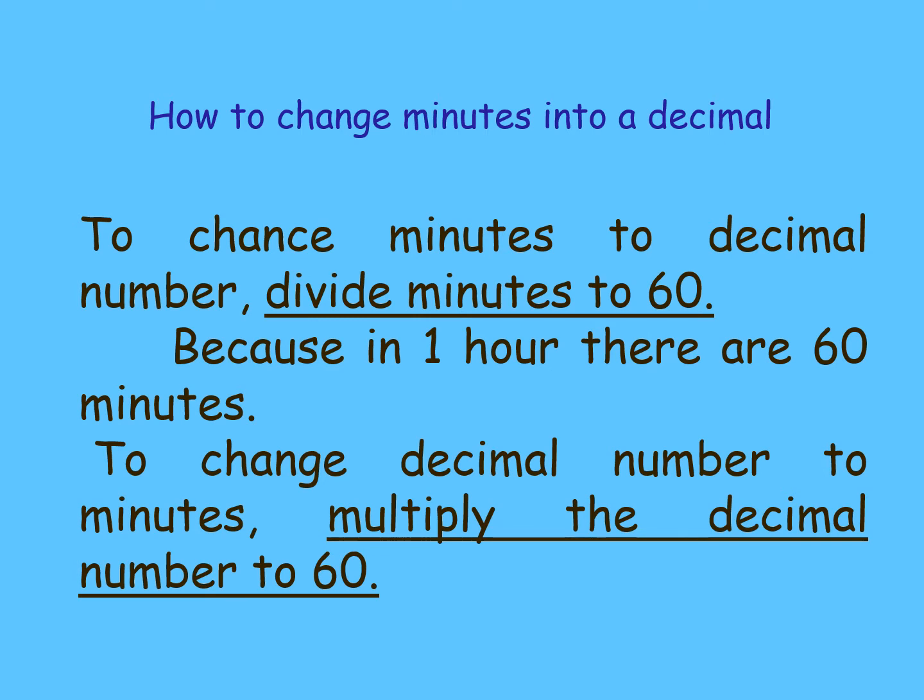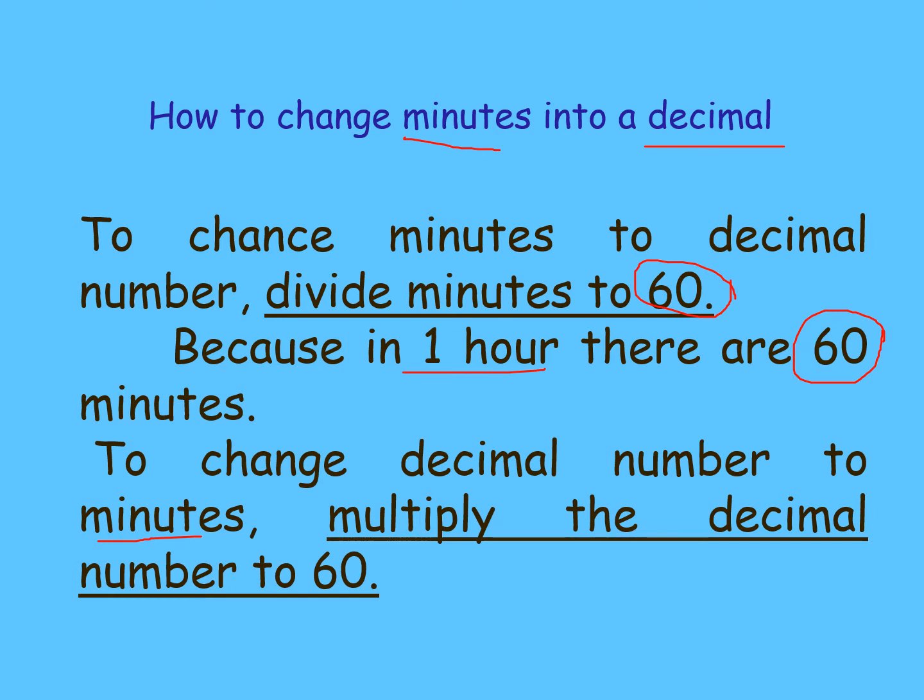We are going to change minutes into a decimal number. To change minutes to a decimal number, divide the minutes by 60. Why? Because in 1 hour there are 60 minutes. And to change a decimal number to minutes, multiply the decimal number by 60.